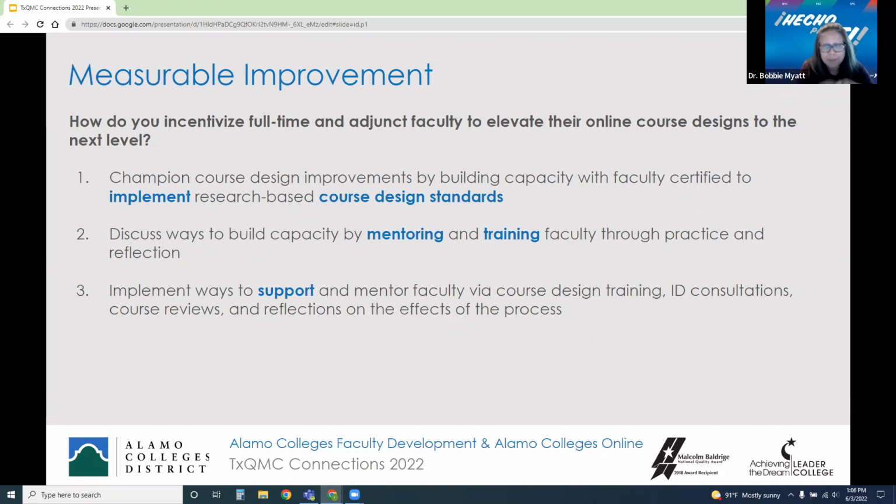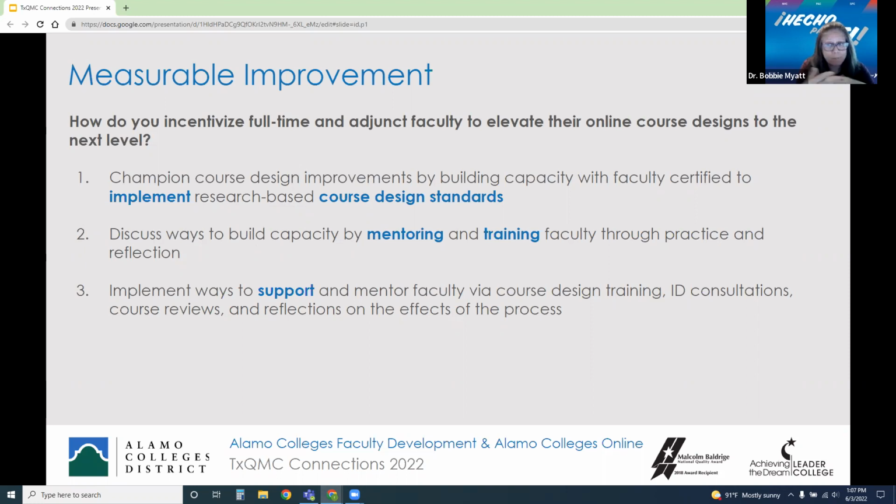Building the capacity is really the outreach, and then the mentoring and the training and support that go with that. We offer monetary incentives, but there are also professional development hours and even hours for continuing education at our K-12, because we do have a lot of dual credit.